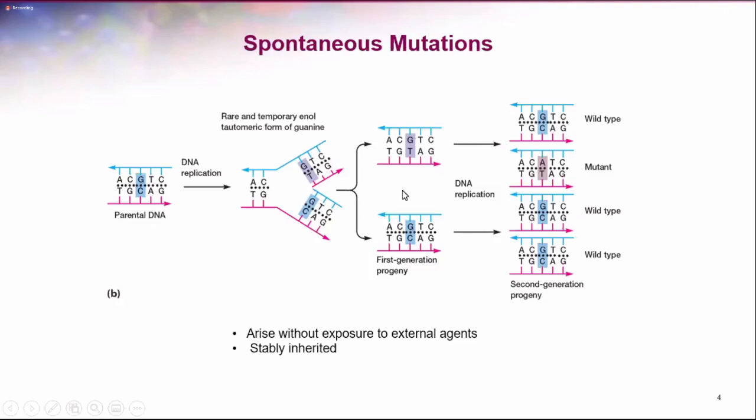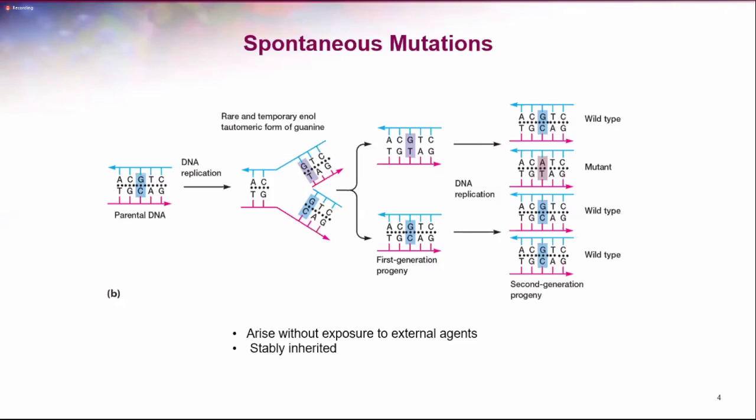We'll call that the wild type phenotype. Whereas the bottom strand, when it serves as a template for replication of DNA, is going to drive the insertion of an adenine against thymine. Okay, so right now we have a mutant strain here. And now this can go on and retain that mutation and pass it on to its own daughter cells as well.